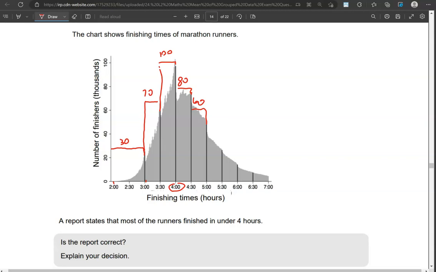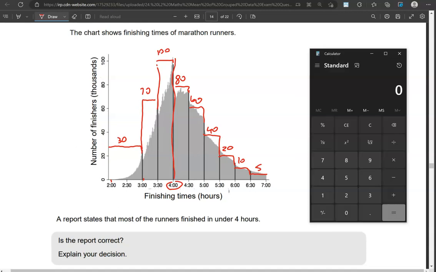Between 5 and 5.5, that is roughly 40,000. Between 5.5 and 6, that is roughly 20,000. 10,000 here, and probably 5,000 here. So this is the cutoff point.